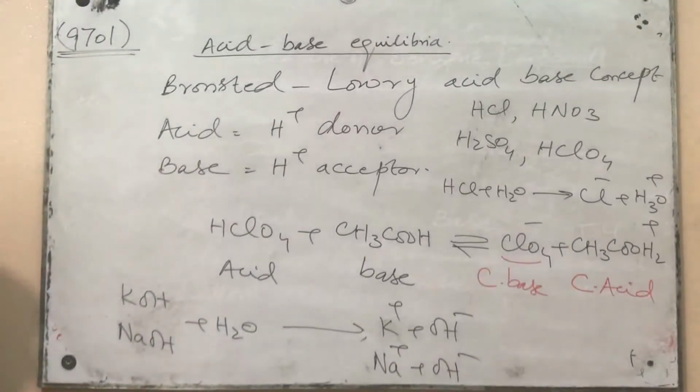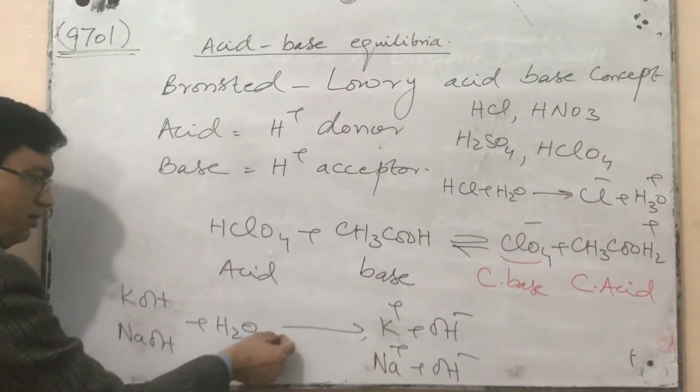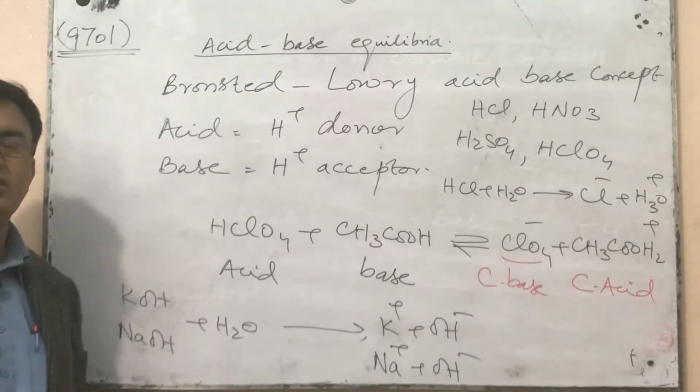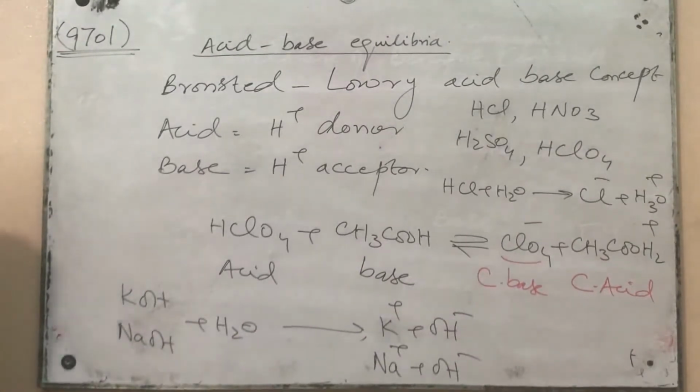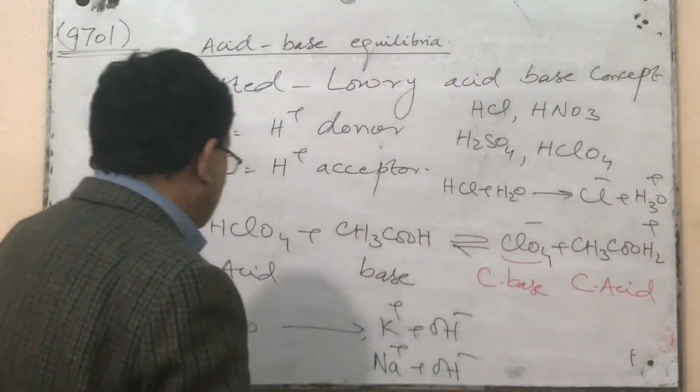Now all these substances are 100% ionized. They will never combine again, never come back. So establishment of equilibrium in this reaction is also impossible. They are 100% ionized in the aqueous solution.